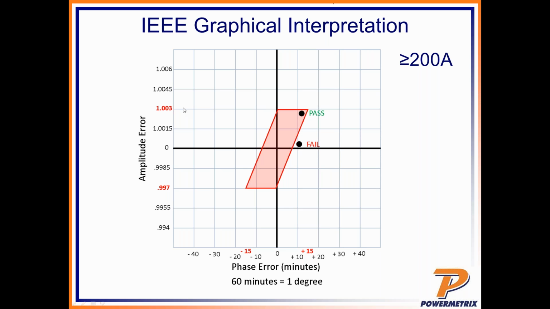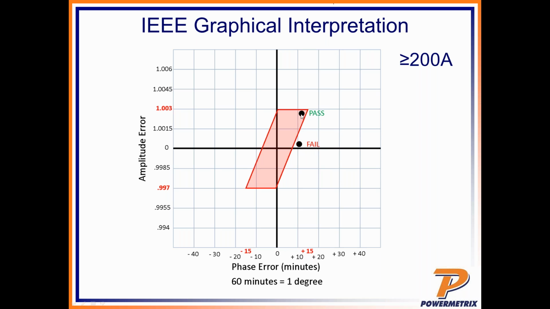For this installation, we're talking about, we had the 0.3% rated CT. So this is that parallelogram, right? And once again, this is if we were above 200 amps on our CT, because we had a 200 to 5 CT. So if you did a test point and we measured the amplitude error and the phase error, and we got this little point right here, that would actually fail the CT test, okay?